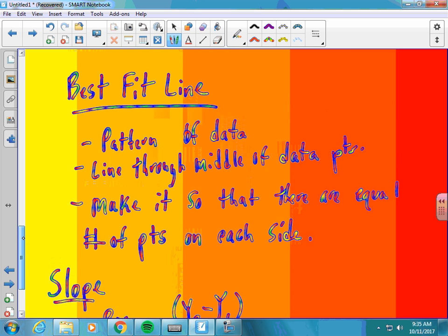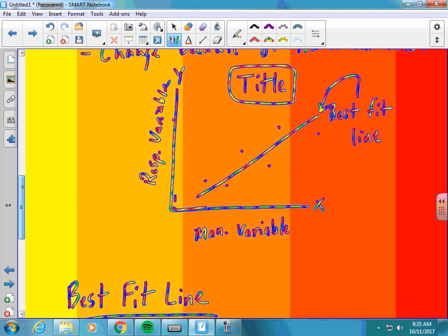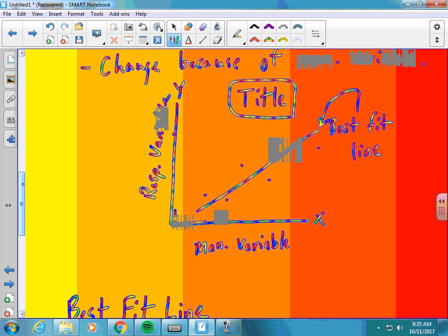Now, in terms of making scale, we have to pay attention to scale and range. I want to figure out a way that I can make my data points easy to see, so not shrunk down, but at the same time use as much of the graph as possible.